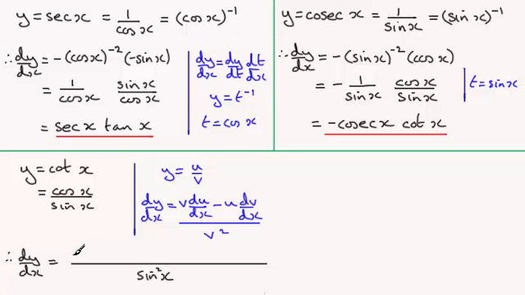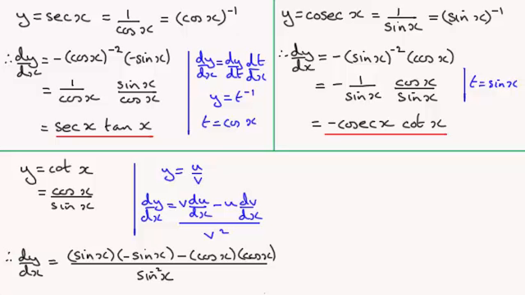So denominator is sine x, and we multiply this by the differential of the numerator, the top of the fraction. The differential of cos x with respect to x is minus sine x. And then we do minus the top of the fraction, u, that's cos x, times the differential of the bottom of the fraction. So differentiating sine x with respect to x gives us cos x.